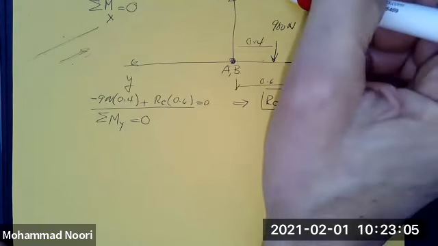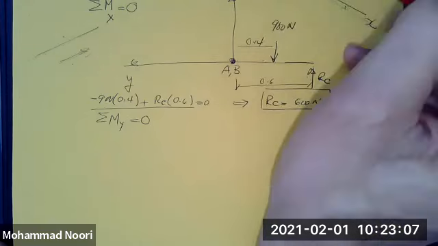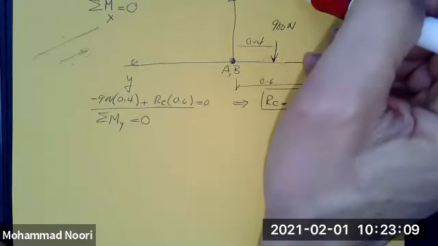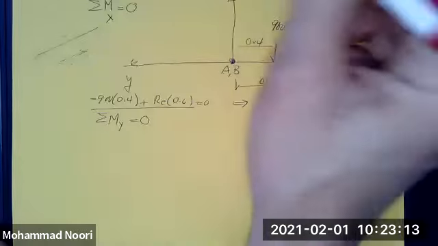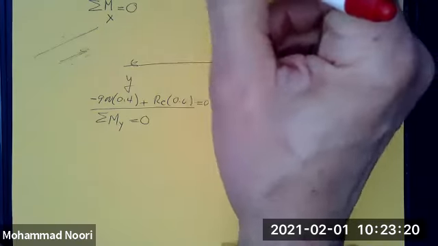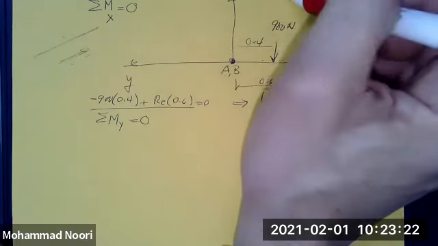So it's only this one and this one. But again, to find the moment of these forces about y means finding the product of these and the vertical distance from this axis to those, which you have.